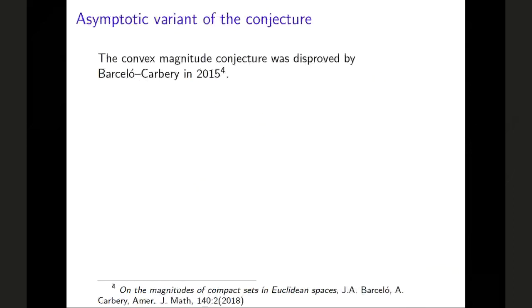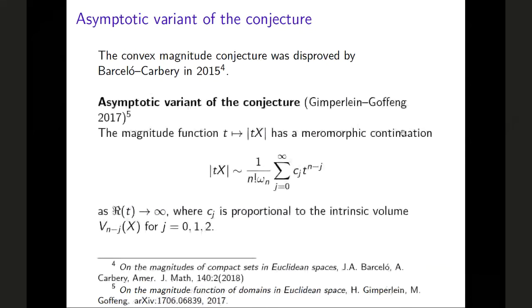This convex magnitude conjecture was disproved in 2015 by Barcelo and Carbery, because they showed that for the 5-dimensional unit ball, this is not a polynomial expression, but actually a rational function in the radius of the ball. Based on this, Kimperlein and Goffing suggested in 2017 an asymptotic variant of this conjecture.